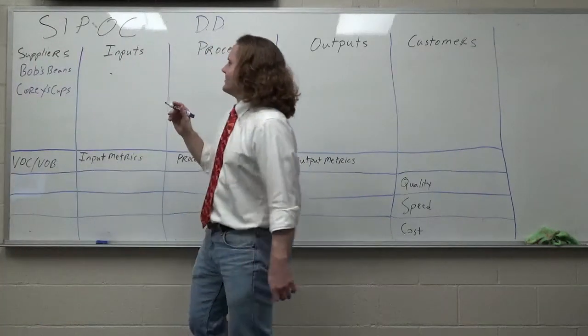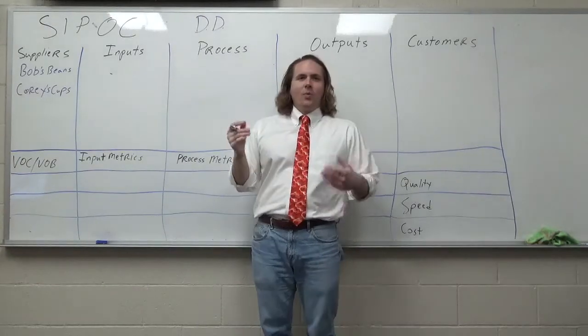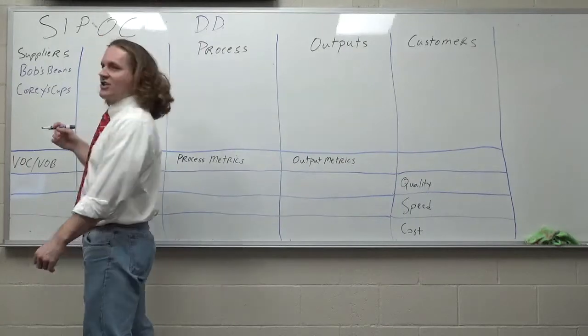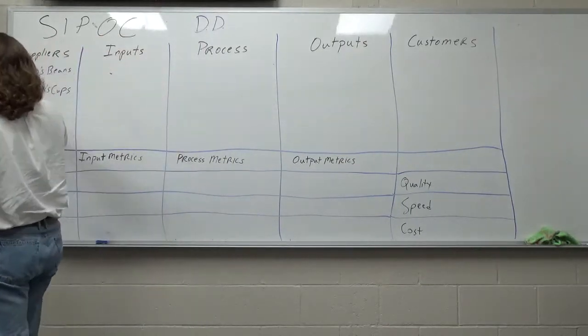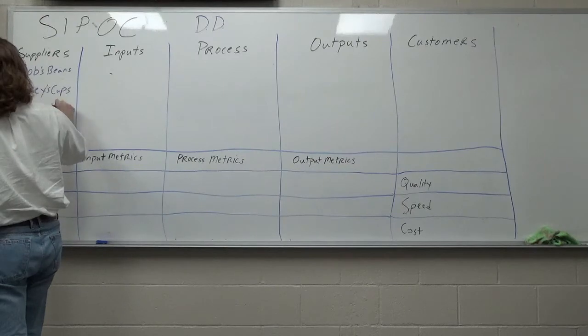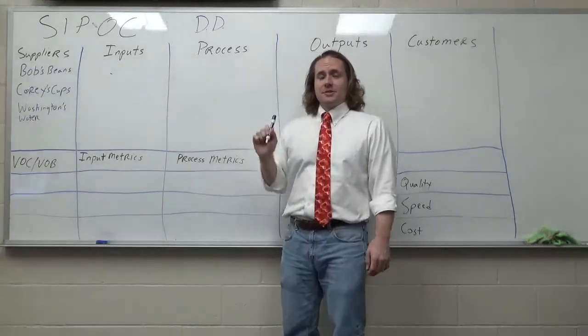And, I don't know, what's our other ingredient in coffee? Water, I guess. So, Washington's Water, WW. All I've done is I've put in my suppliers, okay?